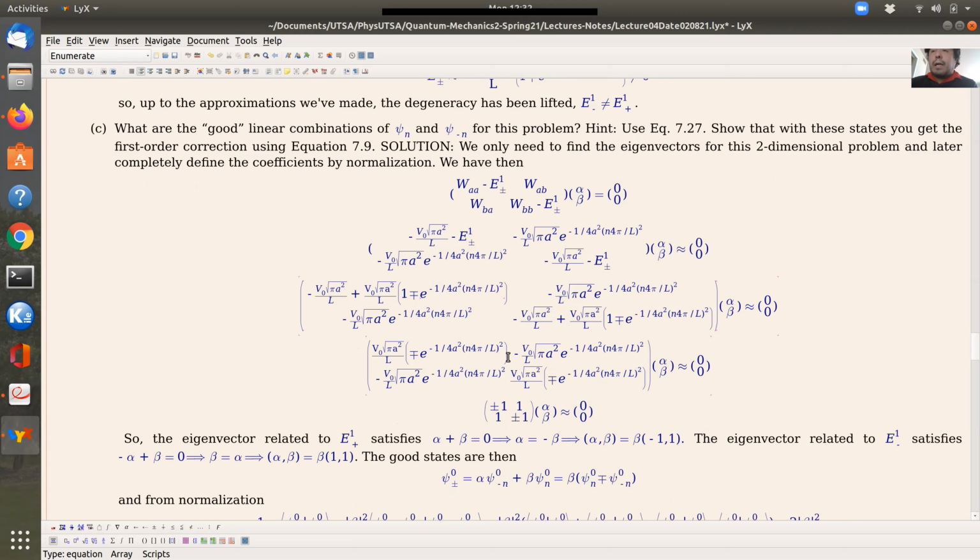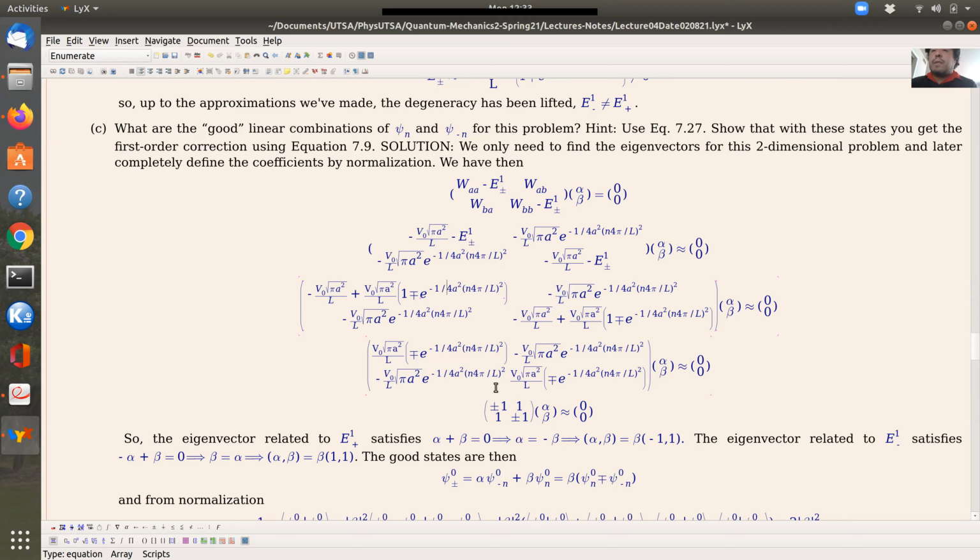So, well, actually, it's quite nice that most of these have the same factor. If you notice, it's basically b0 square root of pi a squared divided by L, and then the exponentially decaying thing. So the only thing is that, in this one, the sign is defined, and in the other you have a minus plus. In fact, if you multiply this matrix by a minus, these become positive, because it should be equal to zero. So what's the difference with respect to multiplying by a minus?